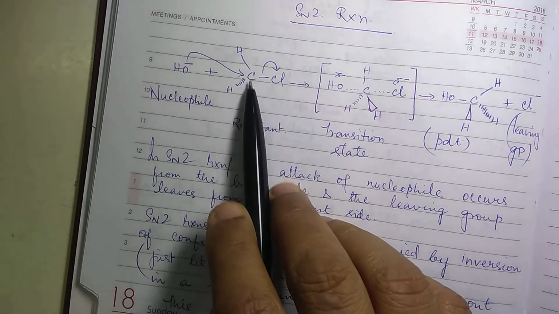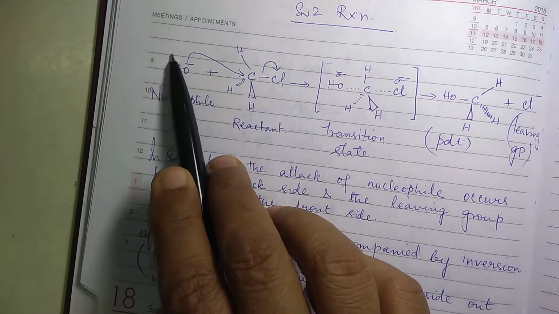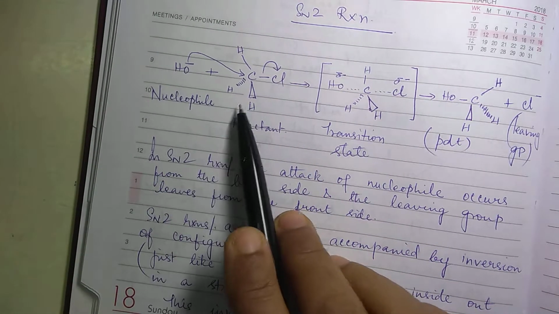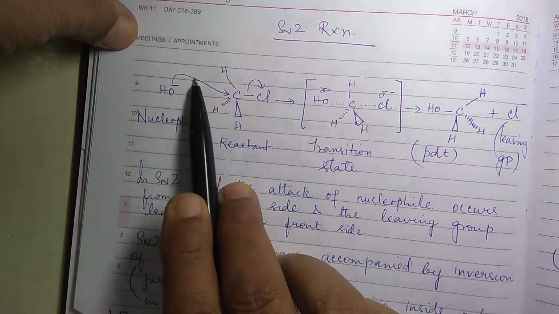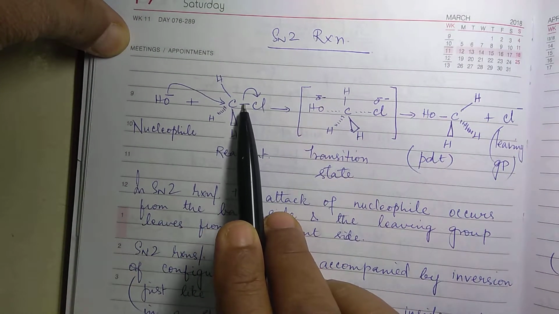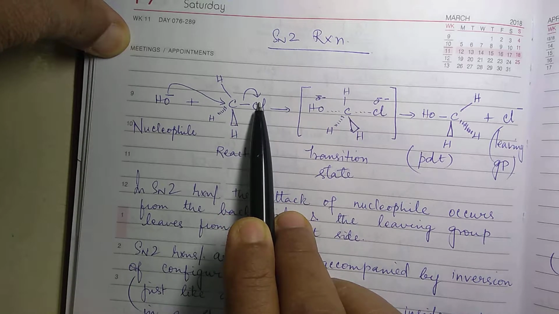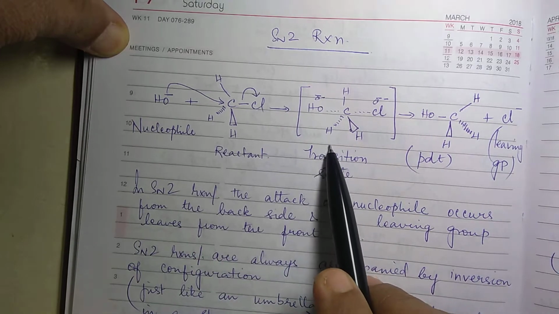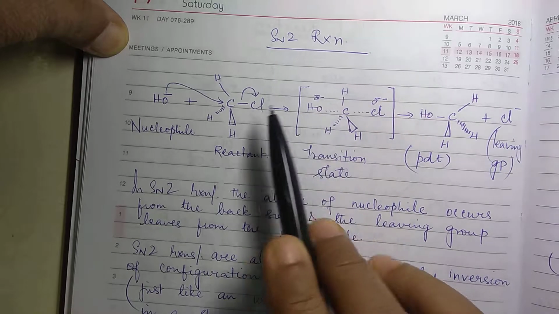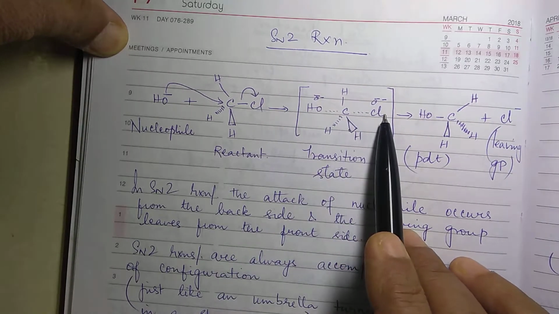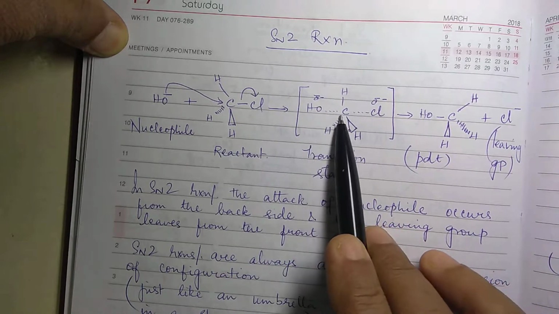CH3Cl I have taken, and OH minus is the nucleophile, and this OH minus is attacking the carbon and forcing the Cl to leave as Cl minus by taking this bond pair. So initially in the transition state, both OH, that is the incoming nucleophile, and the leaving group are attached to the carbon.